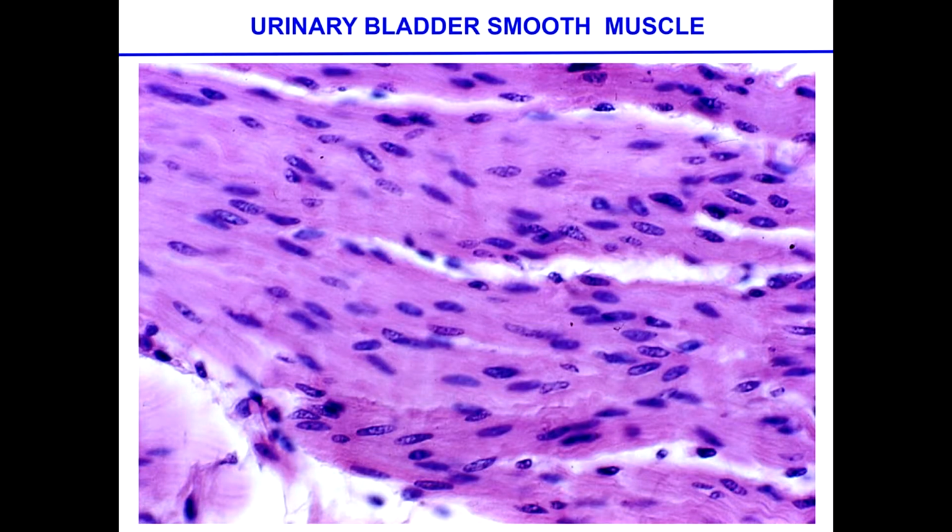Now this is what it looks like in the case of the urinary bladder. The tissue is smooth muscle cells. This is a primarily longitudinal section. You can see here almost an entire spindle-looking cell, another one right here, the elongated nucleus in the center of the cells.